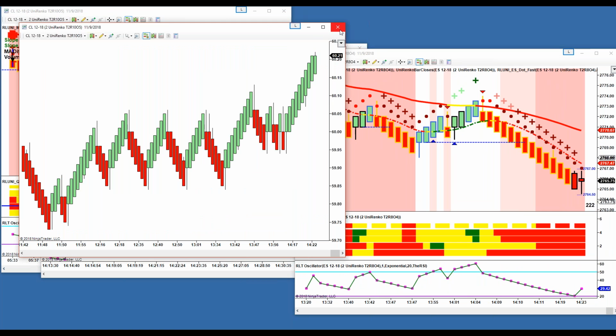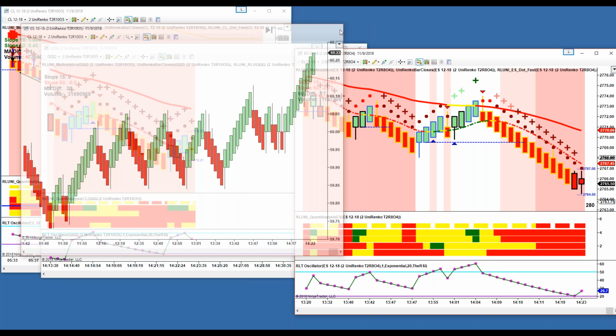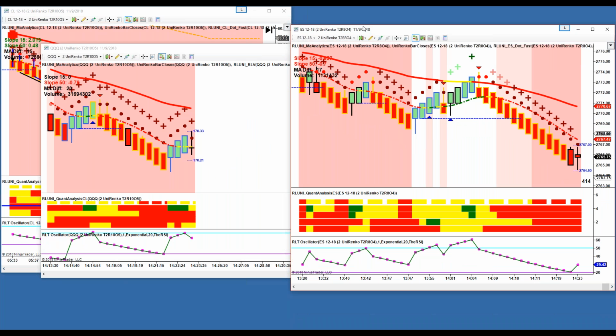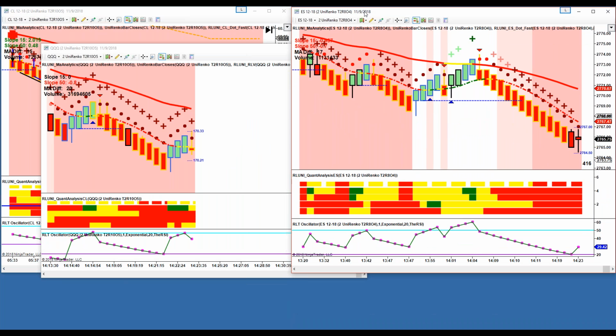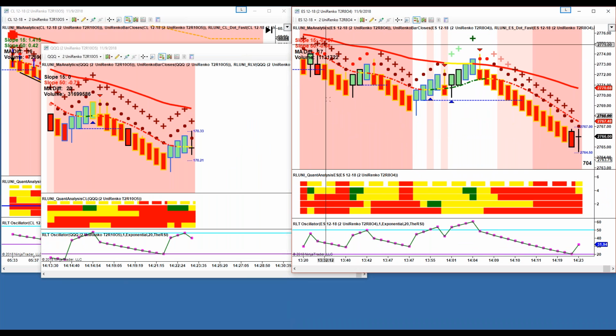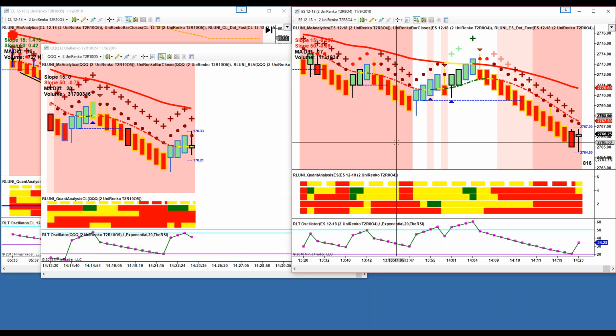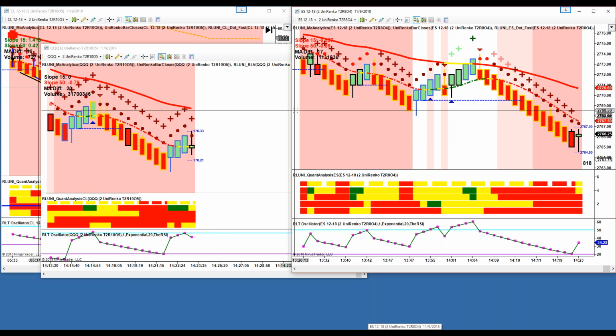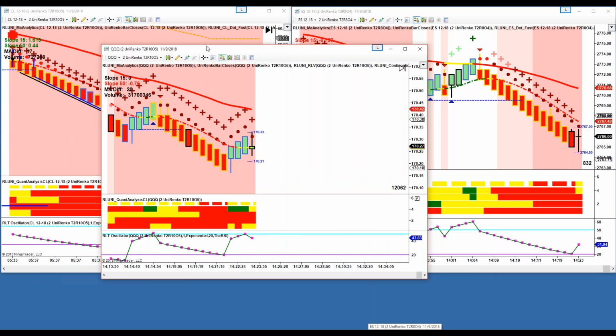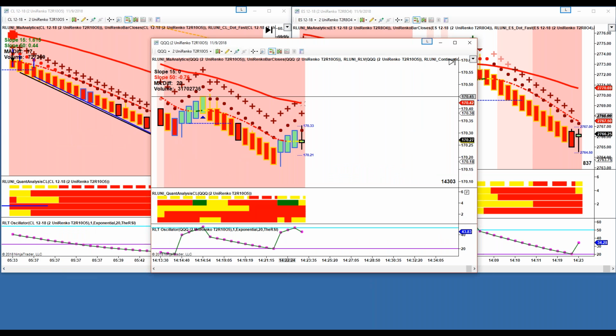Well, that's crude. Let me dump that. And let me show you the NQs. I don't know where they are. Where did my NQ go? Hang on a second here. Let me make it. It's real easy for me to make. I'm just going to change this.